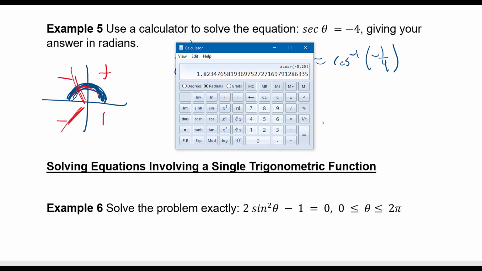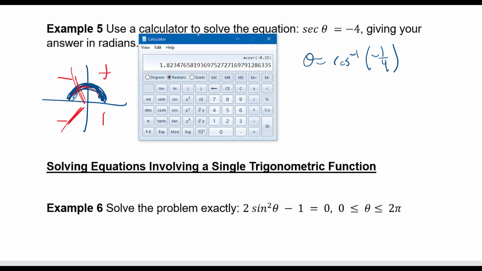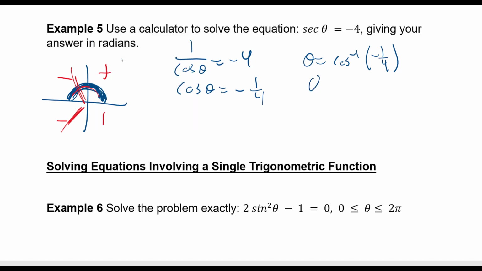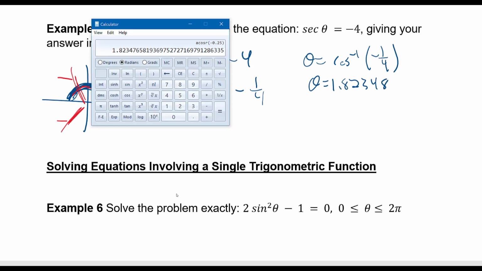So this gives us a theta of 1.823476. I'm just trying to find a good place to round it. 1.82348, how about that? I'll say theta is 1.82348, because that rounds it up.